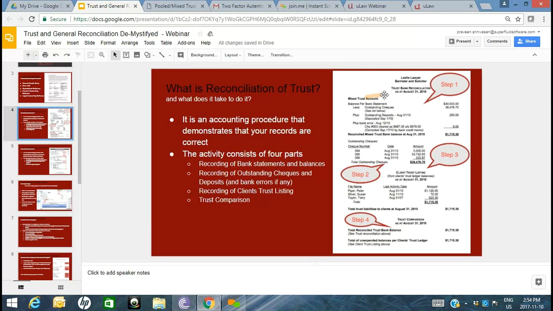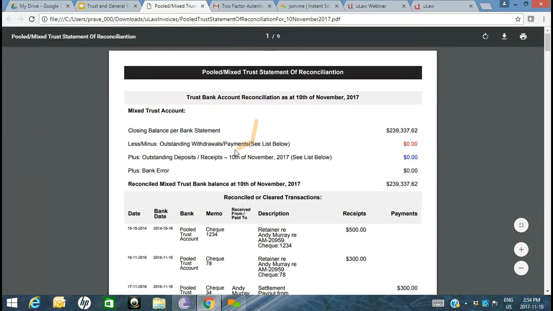This is going to generate a report very similar to the one that we saw in our presentation, which is this one right here. This particular template of a report is taken from the bookkeeping guidelines of the Law Society. So let me open up the PDF document.